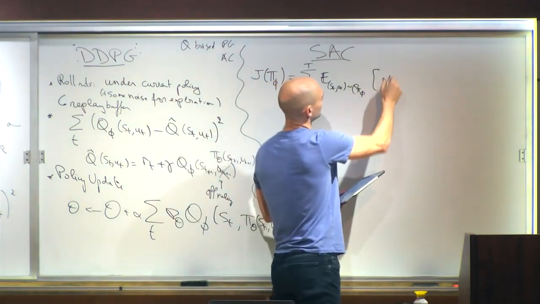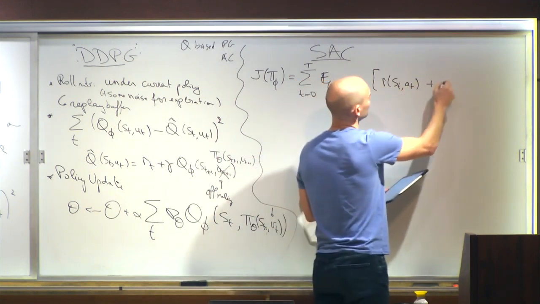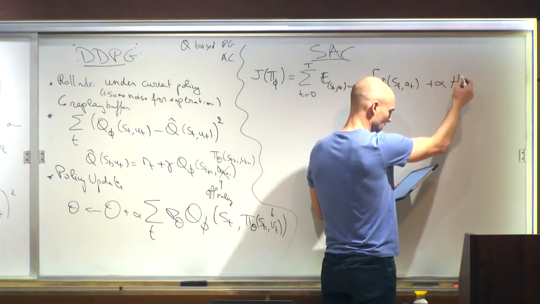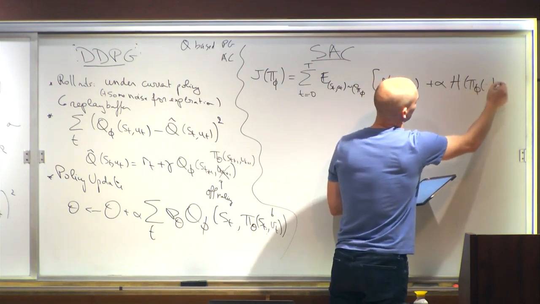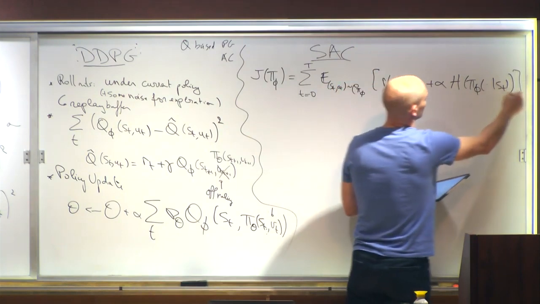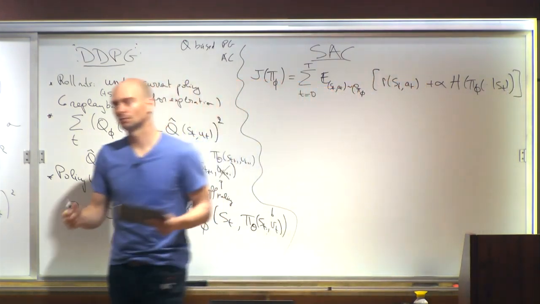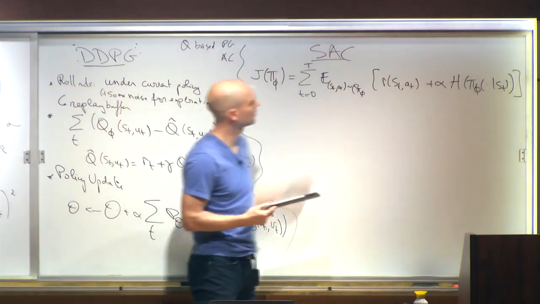And we encounter rewards, and we also evaluate the entropy of our policy pi phi, action given state. So everything else being equal, you'd rather randomize over your actions. But of course, if to get high reward you need to choose a very specific action in a certain state, you'll still want to do it because of the reward term in the objective.